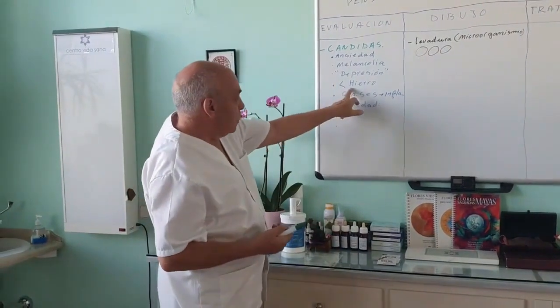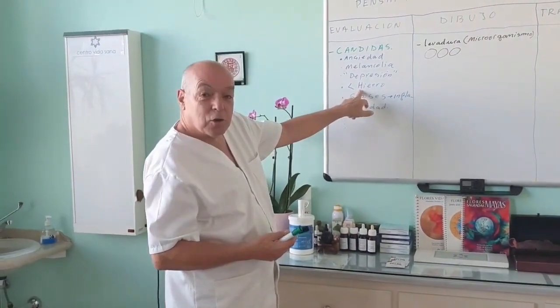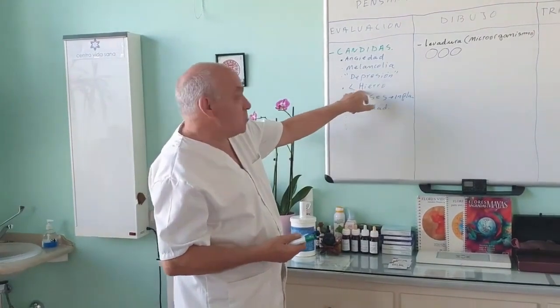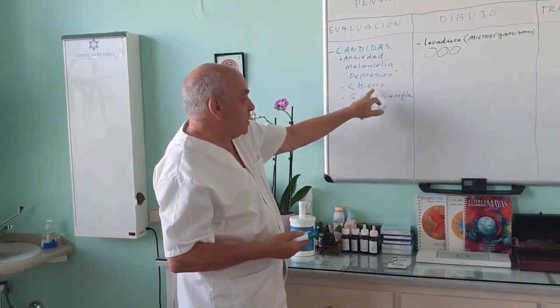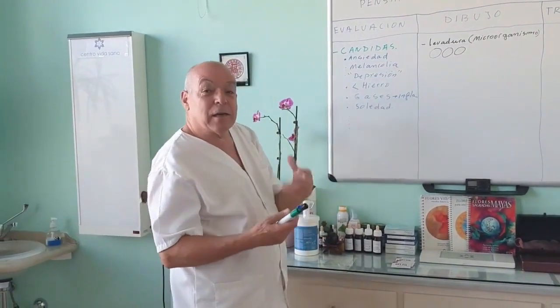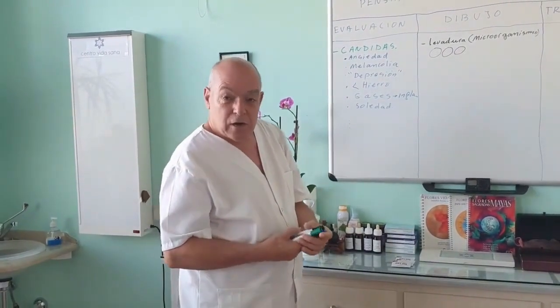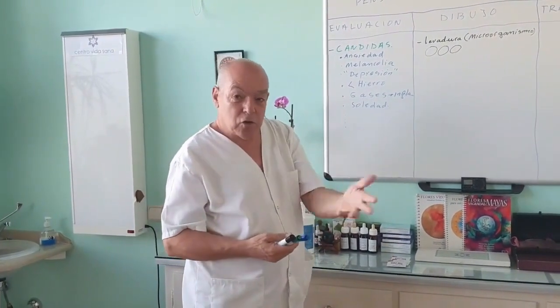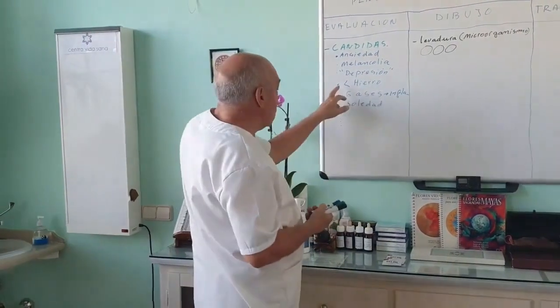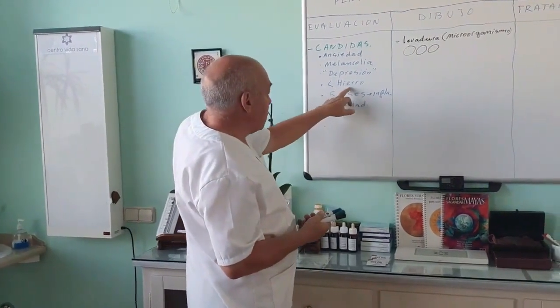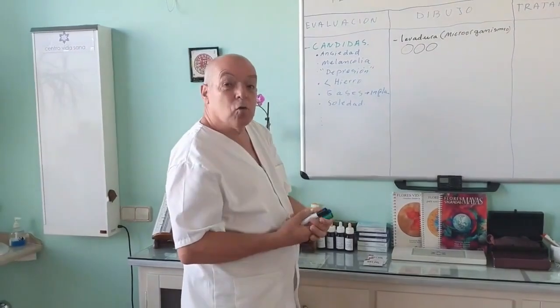Look, it causes iron deficiency because when there is an excess of Candida yeast in the intestine, they trap excessively all the heavy metals that arrive and also the iron molecules. That's why it's common for it to cause an iron deficiency or anemia.